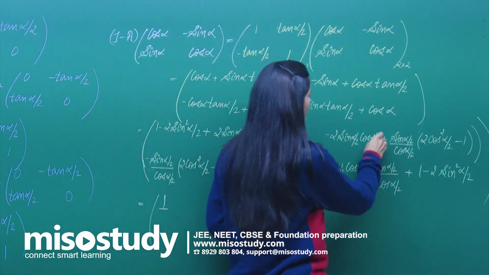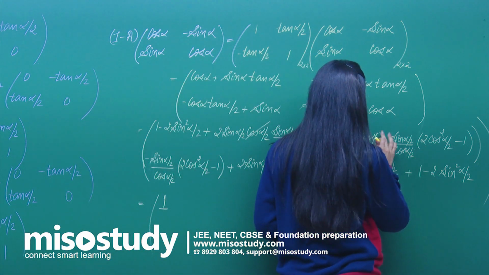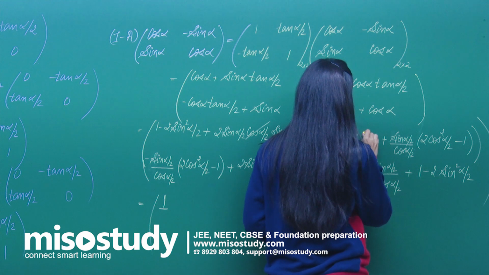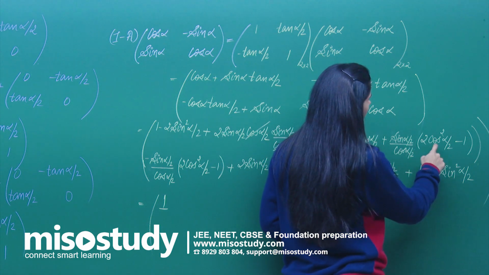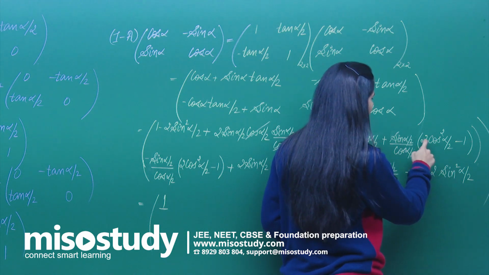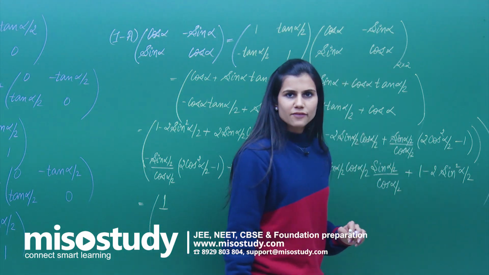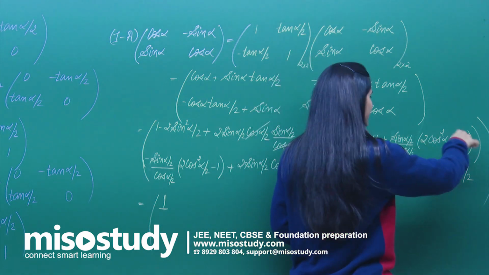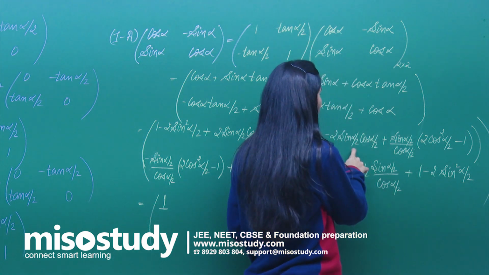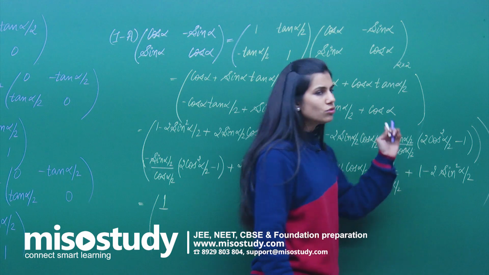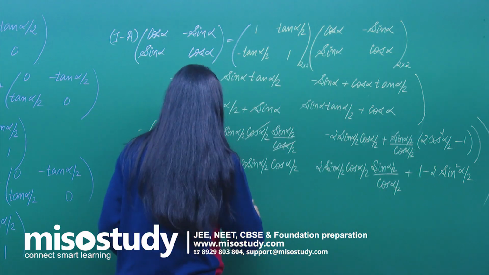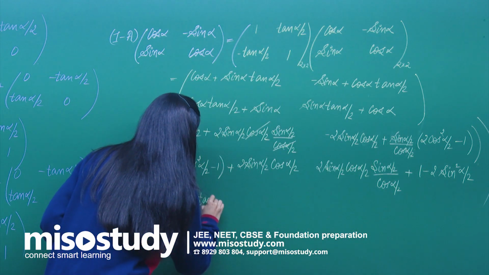Here if you come and see cos alpha by 2 over here, not here, this is going to remain as it is. If you multiply it inside, cos alpha by 2 cancels out, you are left with 2 sine alpha by 2 into cos alpha by 2 minus tan alpha by 2. So minus 2 sine alpha by 2 cos alpha by 2 plus 2 sine alpha by 2 cos alpha by 2 minus tan alpha by 2. So you are just going to be left with minus tan alpha by 2.